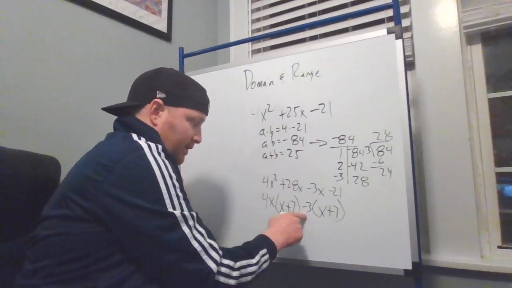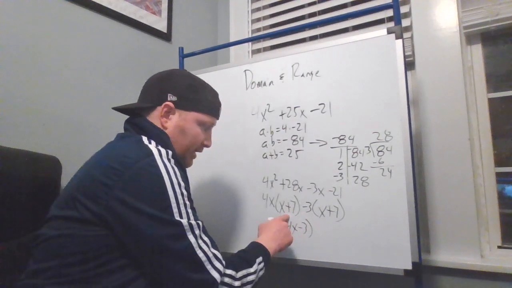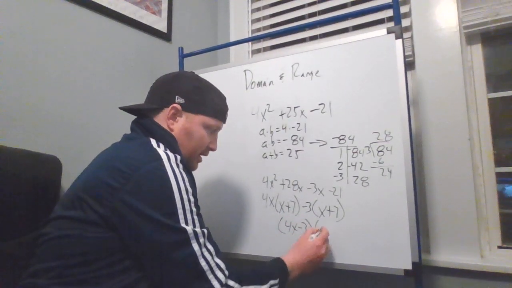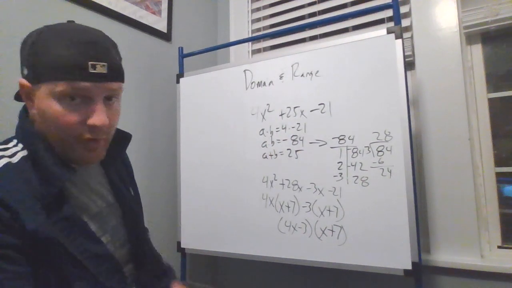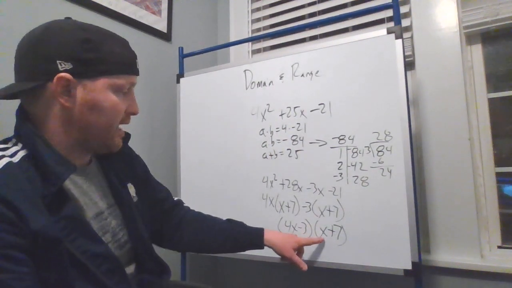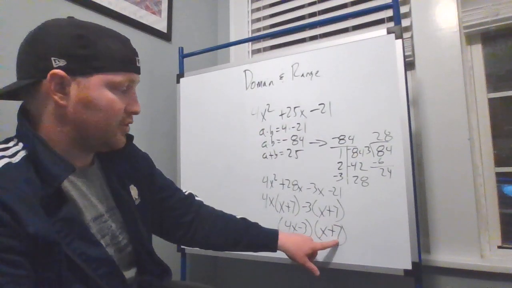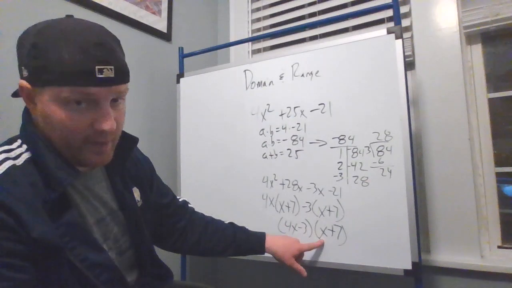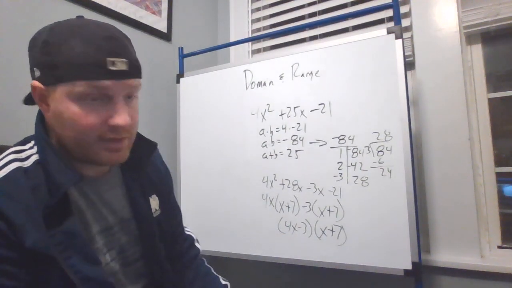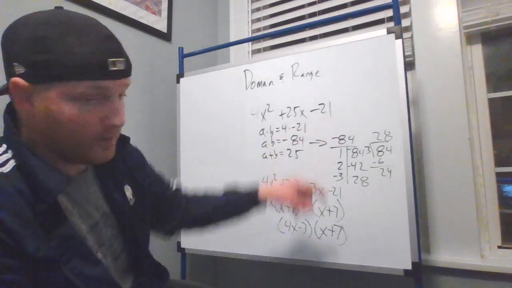I got my 4x minus 3, that's one parentheses, and I just take one of these because when I take these and I use FOIL, 4x times x is 4x squared. 4x times 7 is 28x. Negative 3 times x is negative 3x. 28x minus 3x is positive 25x, and this makes negative 21.